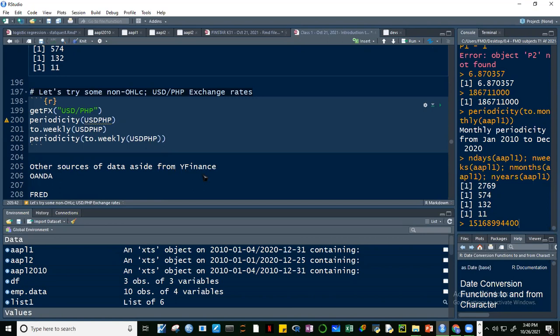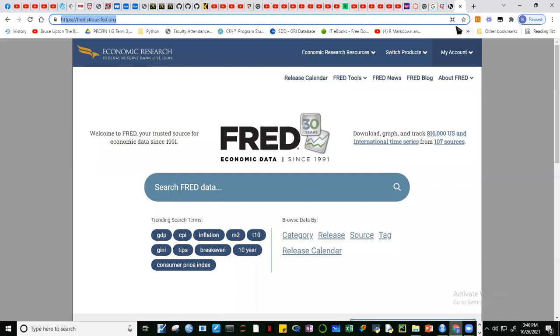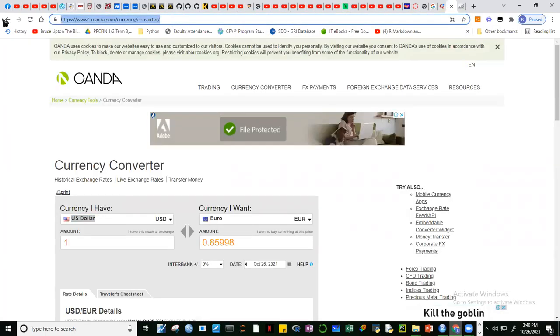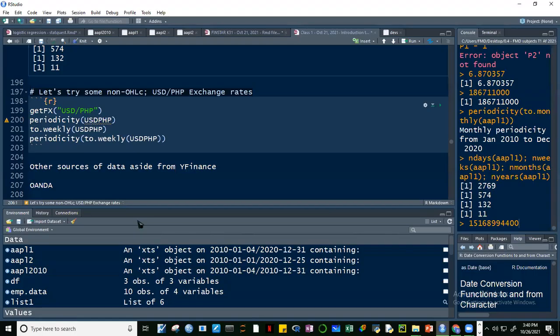Okay, we have Oanda. Let me just copy the link to this. And you can use, guys, quantmod in order to get information from Oanda, but as I said, it will be limited. Okay, this is for foreign exchange.